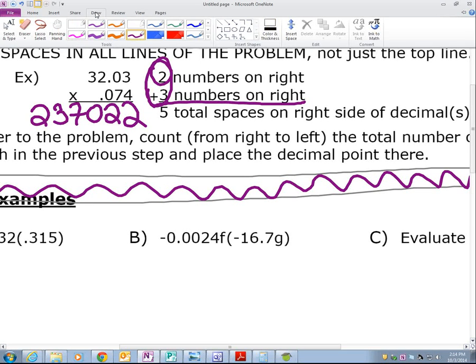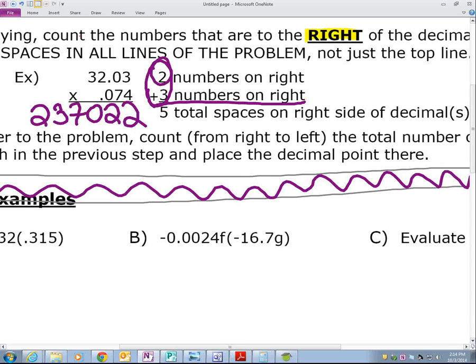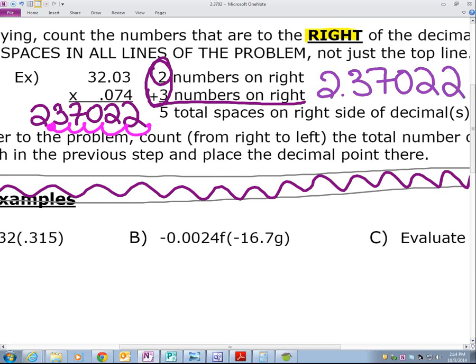We're starting here, and we're going to go 1, 2, 3, 4, 5. There's my decimal place. So my final answer is going to be 2.37022. We'll work out the next ones. I just wanted to demonstrate the decimal movement on that one. Okay?